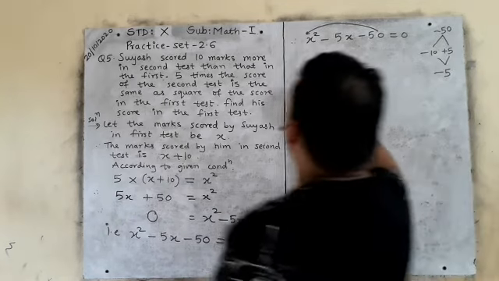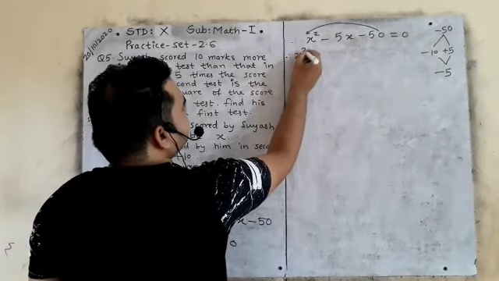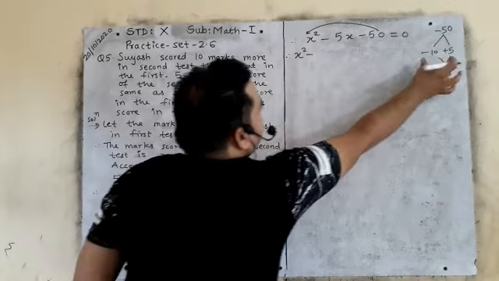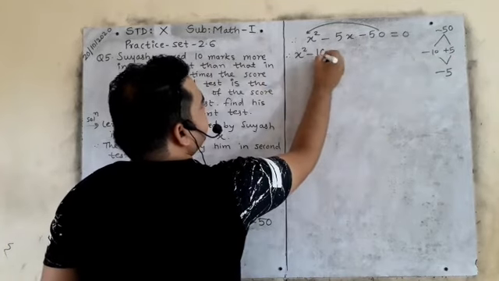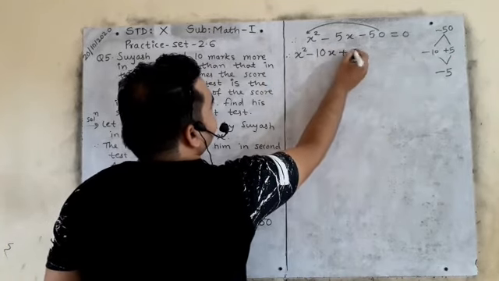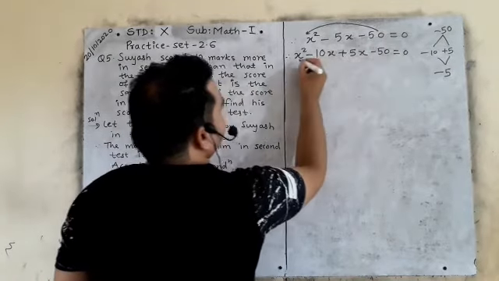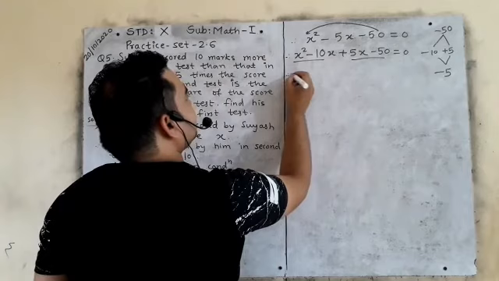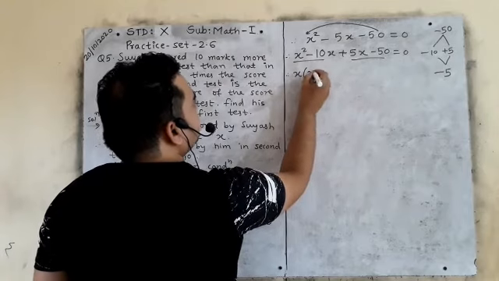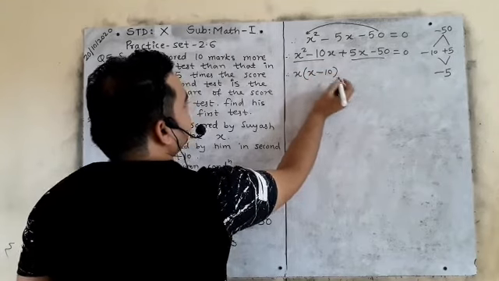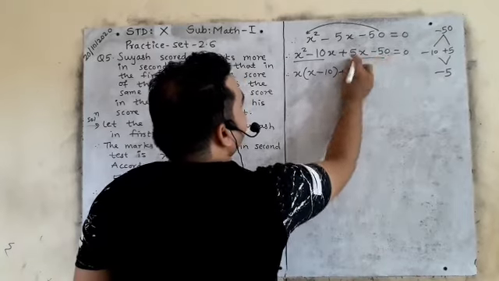Clear? Now what you will do here? First term as it is, these two factors you will write here: x square minus 10x plus 5x minus 50 is equal to 0. Now you will find out the common term. X is common, x minus 10. Here 5 is common, 5 tens are 50.